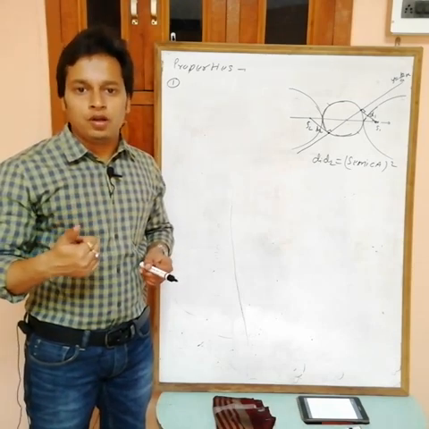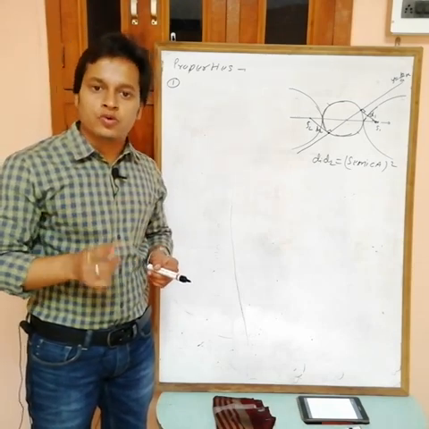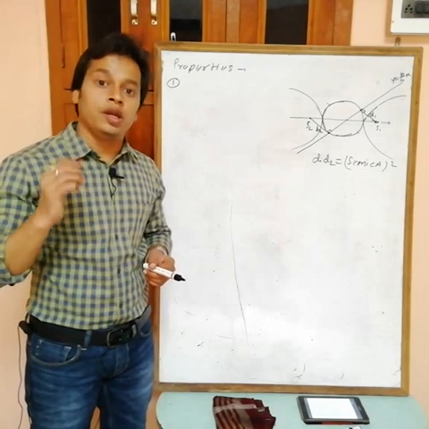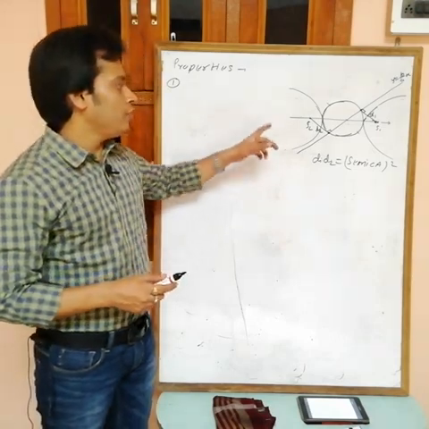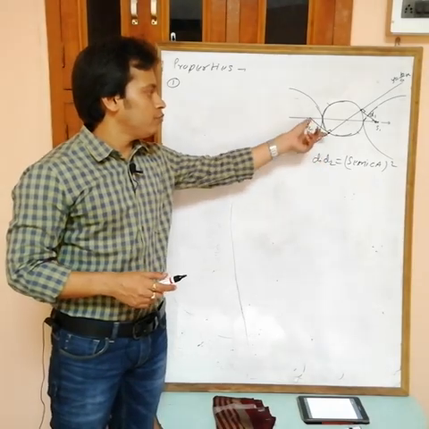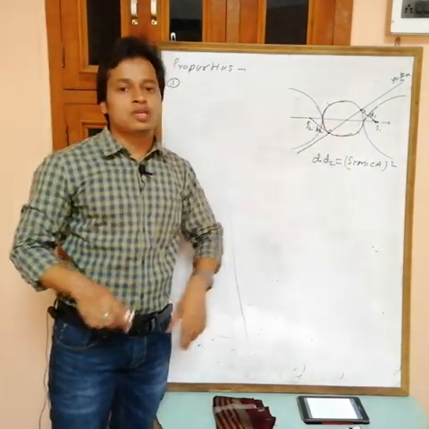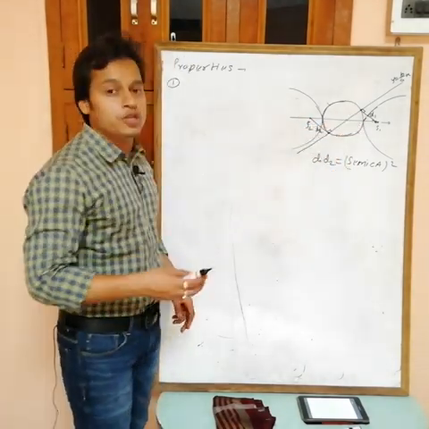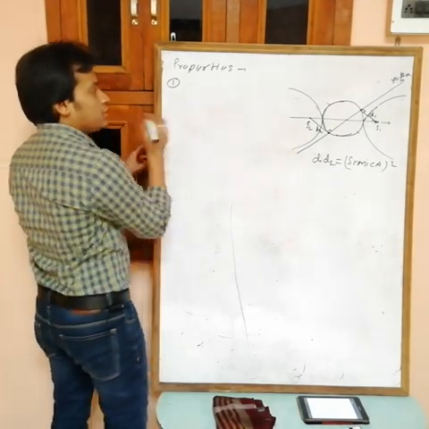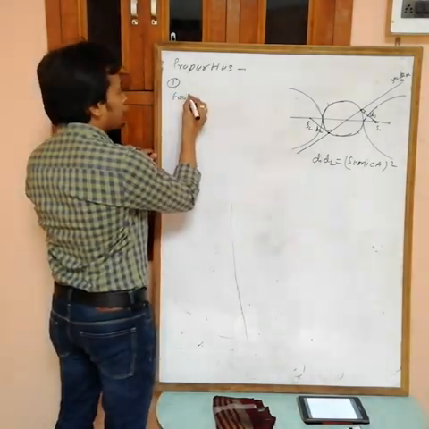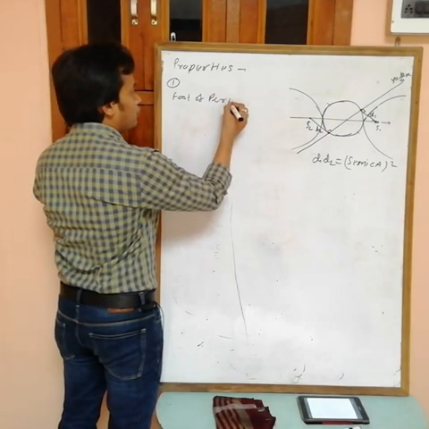The product of perpendiculars from both foci to any tangent is equal to b square in ellipse. In hyperbola, the product of these two distances d1 d2 is equal to the semi-conjugate axis square, it means b square.